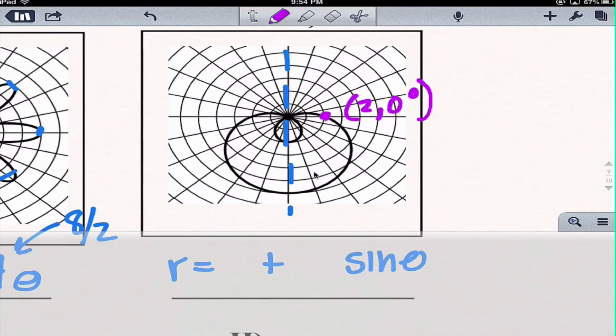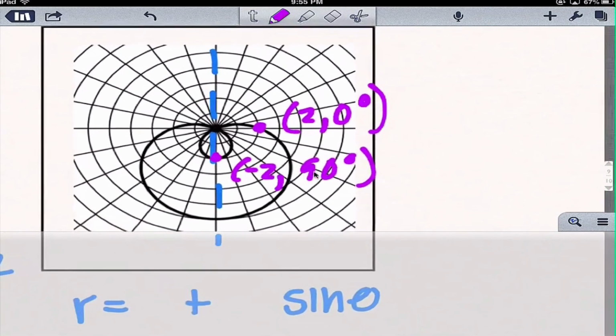And this one here can be kind of tough because when I go up top, I don't see anything. So that tells me I must have a negative value. So I'm going to go to the one that's closest and use negative 2, 90 degrees. Now, if you really wanted to argue, you could state a case that you could use this ordered pair as well. I normally use the one that's closest to the origin. The one on the test will not be confusing like this. There will only be one way to do it, so you'll be okay.